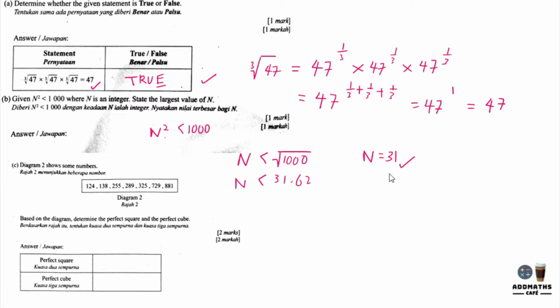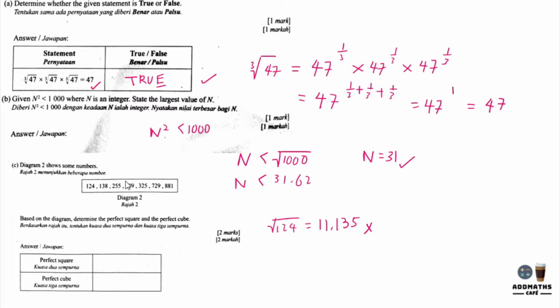Okay. Next, to find the perfect square from this list of numbers, you just press square root of 124 and see whether you can get an integer answer. No, you get 11.135. So this is a decimal answer, so it is not a perfect square. Let's try 138. Square root of 138, can you get an integer? No. Square root of 255?